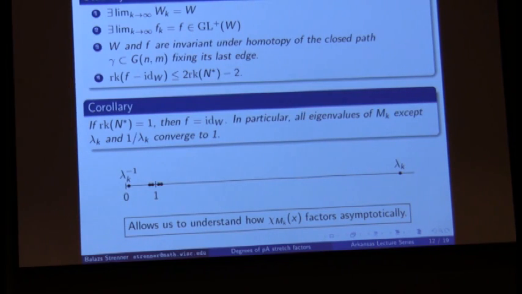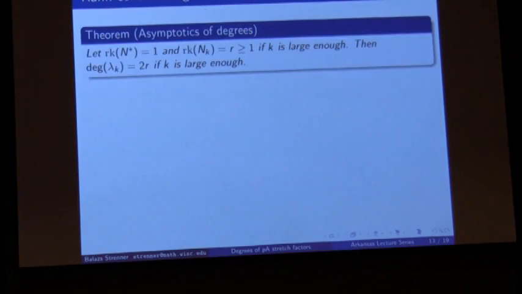So you can control the algebraic degrees of lambda k. The precise statement is that if the rank of n star is 1 and the rank of nk is r, if k is large enough, then asymptotically the degree is 2r. So asymptotically the degree stabilizes.